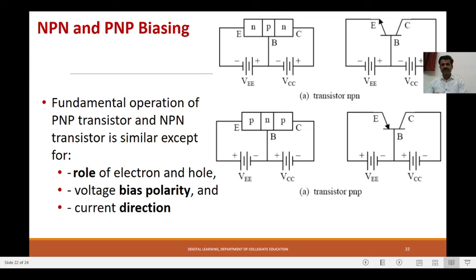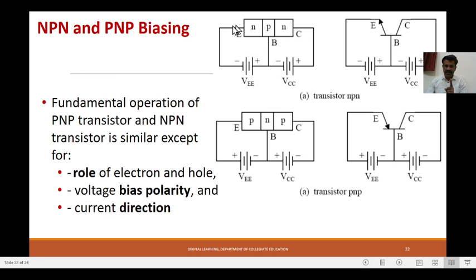Now in a PNP, holes are moving. So the role of electron and hole flow, majority or minority, comes into play. And for voltage bias polarity, this is an NPN transistor. For an NPN transistor and a PNP transistor, the type of biasing is reversed.